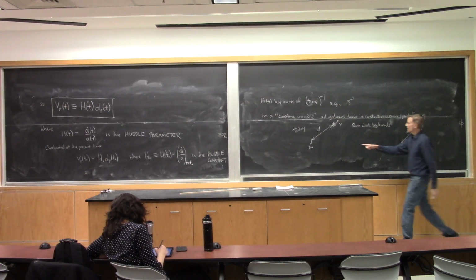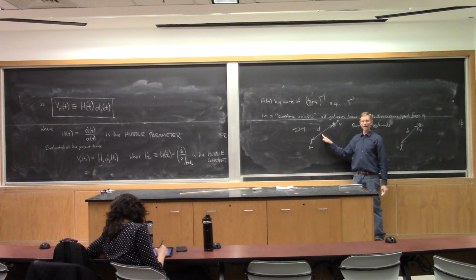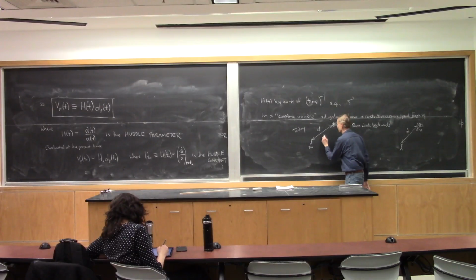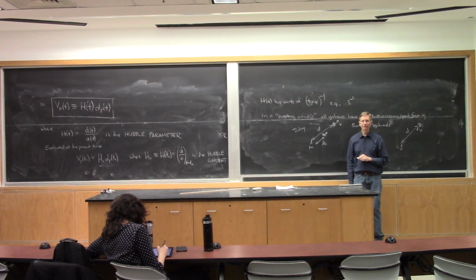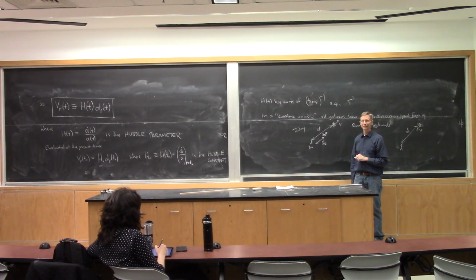A galaxy half as far away, what's true about its recession speed? I'll even draw one here. So here's this other galaxy, half as far away, that's d over 2 away. What's its recession speed compared to v? Hubble law.